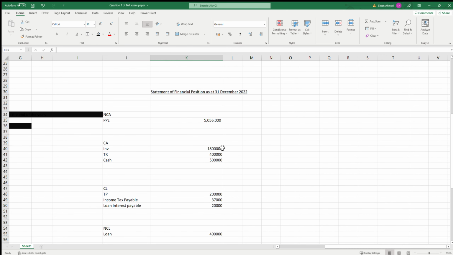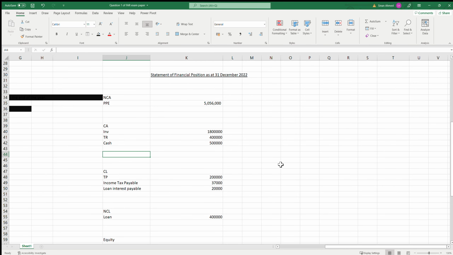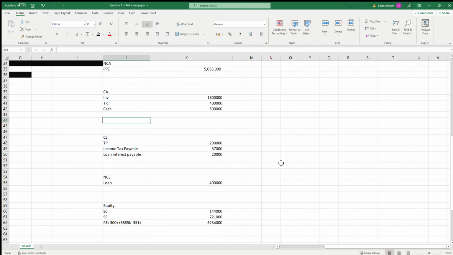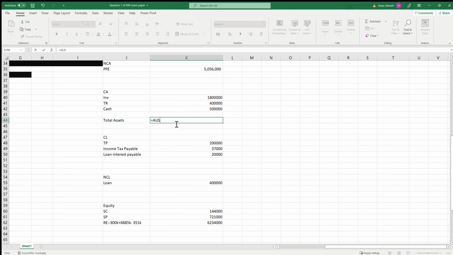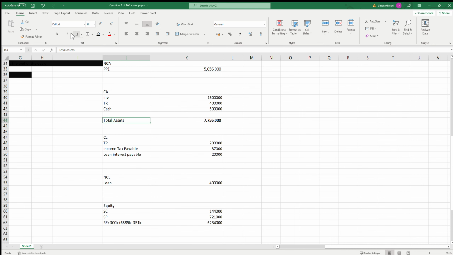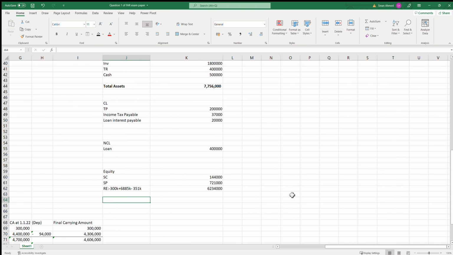Now what would be good to do is to check it all balances. So I would do the total assets column. That gives you sum, and then you just sum these. That gives me 7,756,000. I hope I get this right. It'd be weird if I don't, because I've created the exam question from scratch.